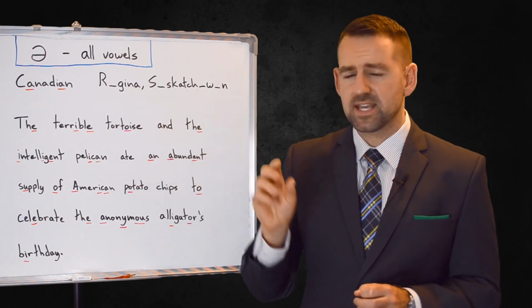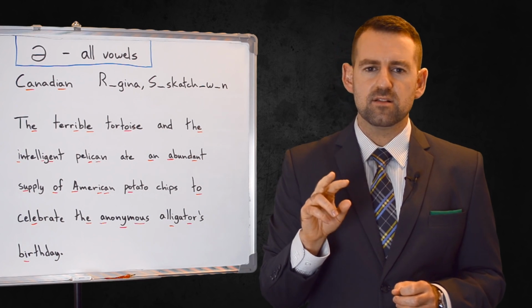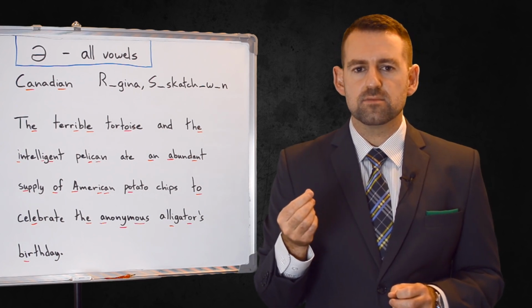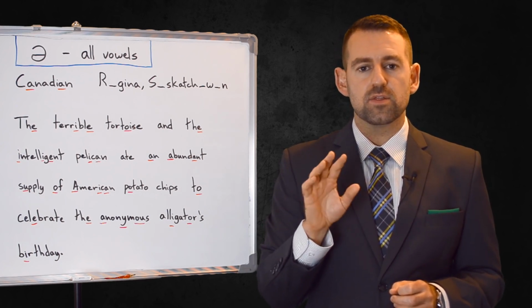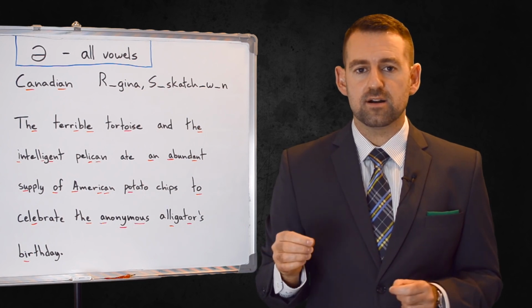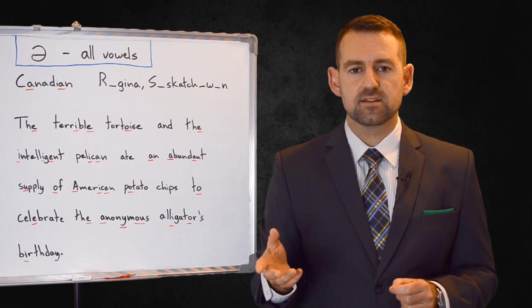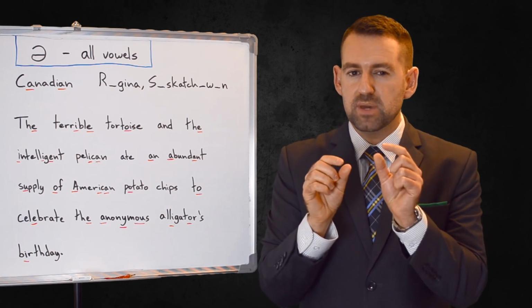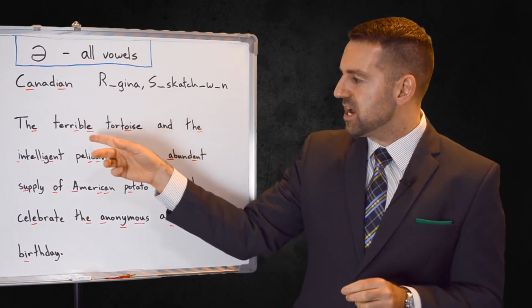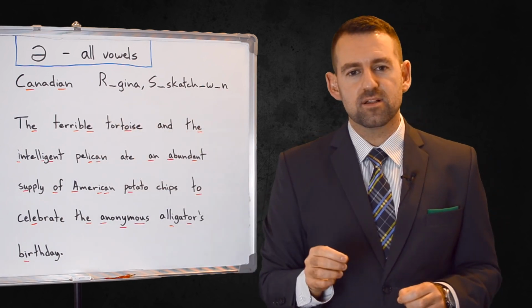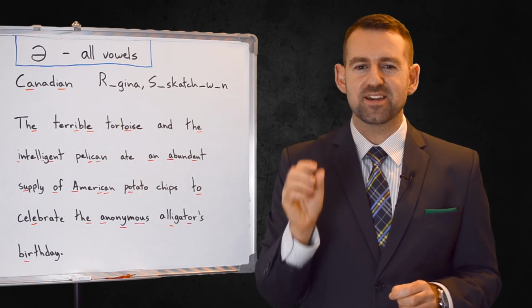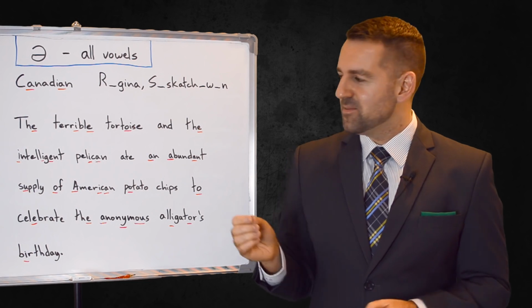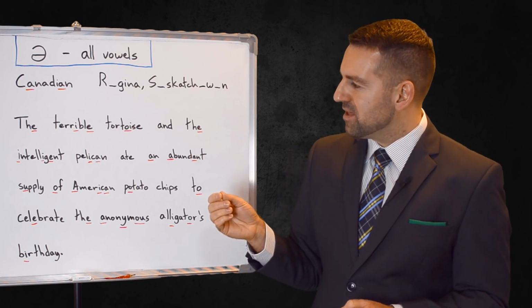If there wasn't a sound between the B and the L, then it would sound like this: bl, bl. That's called a blend. Like the word blanket. There's no space between the B and the L. But here, terrible, you can hear there's a small sound in between the B and the L.